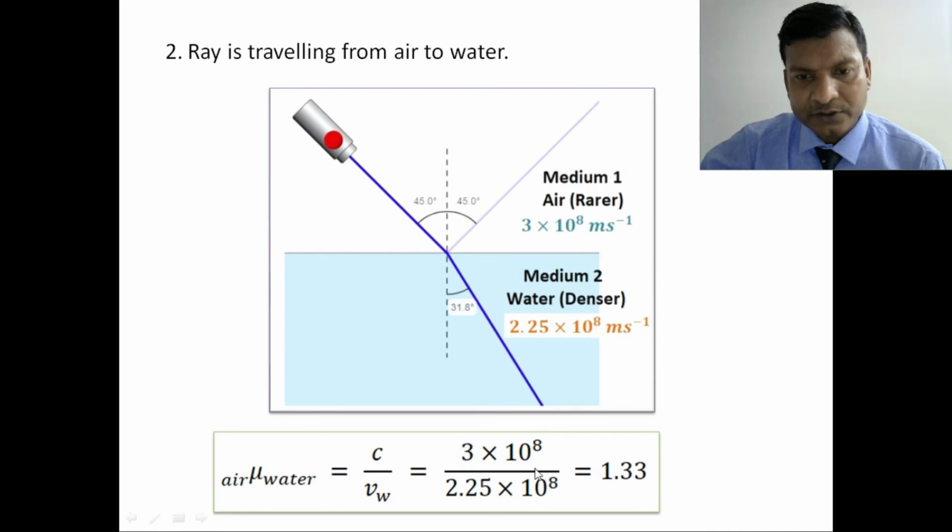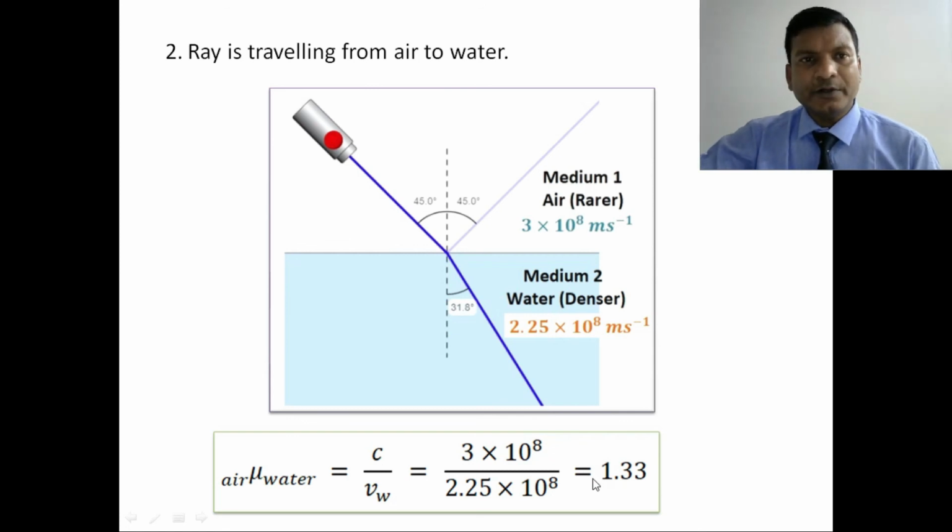So just write down the value: 3 into 10 to the power 8 divided by 2.25 into 10 to the power 8. Why? Because the speed of light in the water is 2.25 into 10 to the power 8. Simplifying this, we are getting 1.33. So therefore, the refractive index of water with respect to air is 1.33.